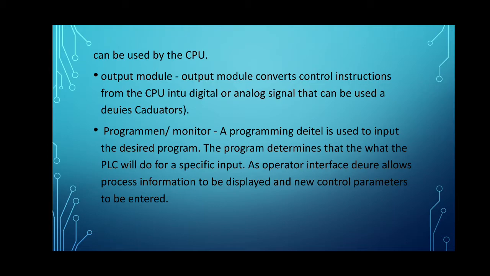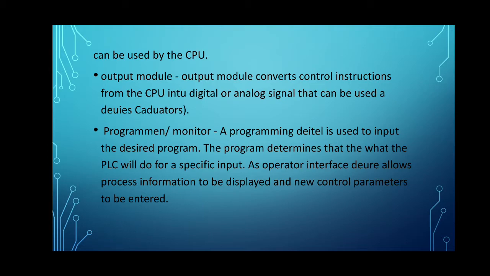Then the programmer and monitor. A programming device is used to input the desired program. It can be a keypad, touch screen, anything. The program determines what the PLC will do for a specific input.